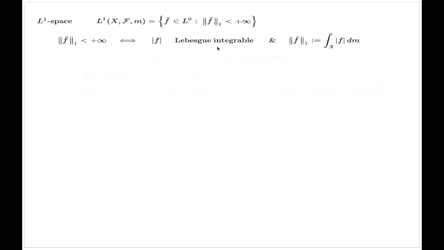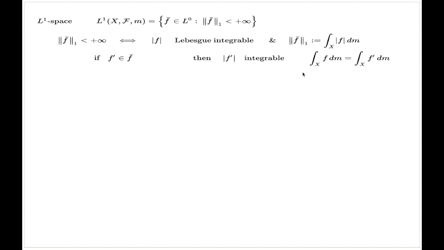This definition is correct, meaning that if I have another representative in my equivalence class, then the absolute value of this other representative will also be Lebesgue integrable, and in fact they will deliver the same integrals.